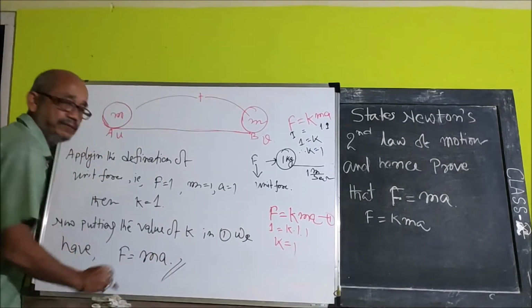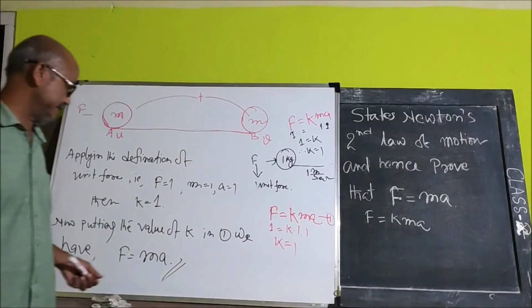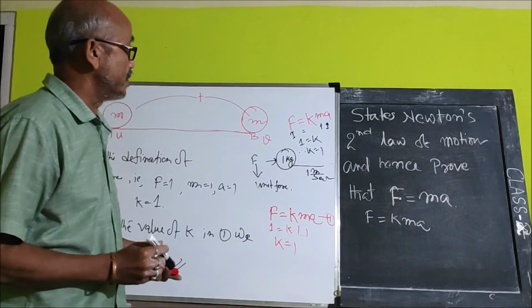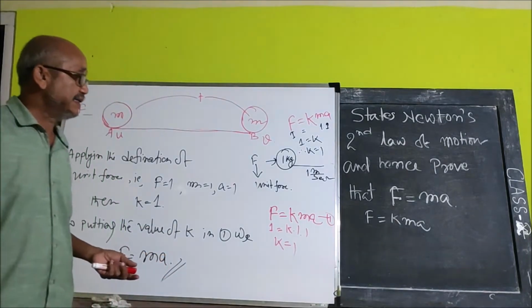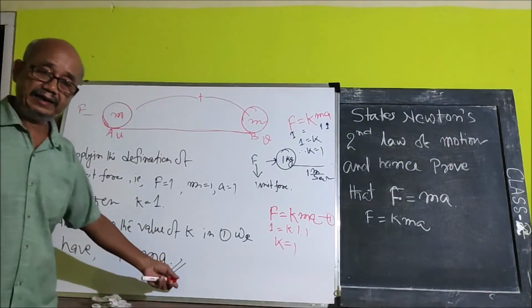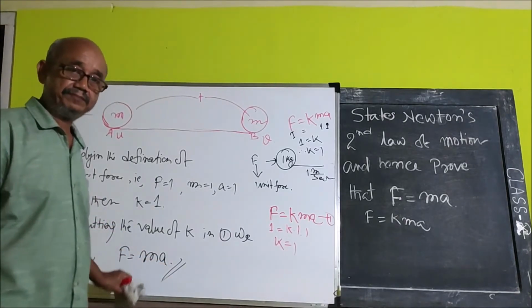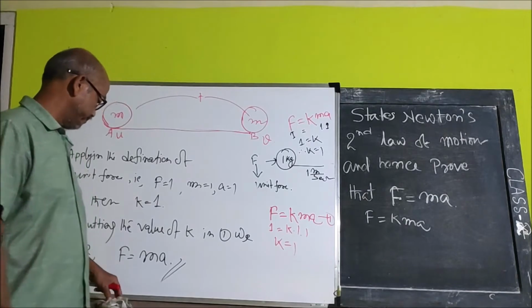Thus we can prove this. That means we state Newton's second law of motion and hence prove that F equal to MA. As it is proved, now we'll do some numerical problems.